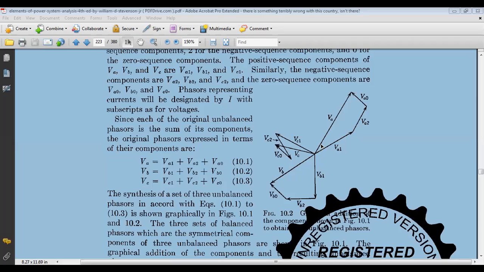If we want to replace the phase voltage VA of the unbalanced system, we replace it by 3 symmetrical components: VA1, the positive sequence component, plus VA2, the negative sequence component, plus VA0, the zero sequence component for phase A. Similarly, for phase B and phase C, we introduce these 3 symmetrical components for every phase voltage or current to convert the unbalanced voltage or current to the balanced condition.